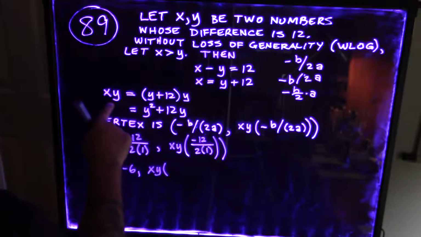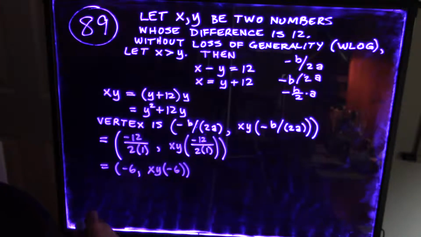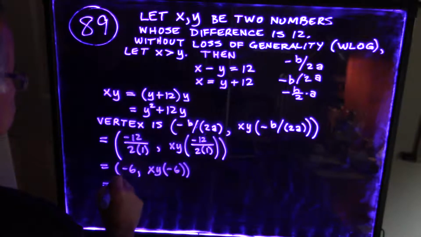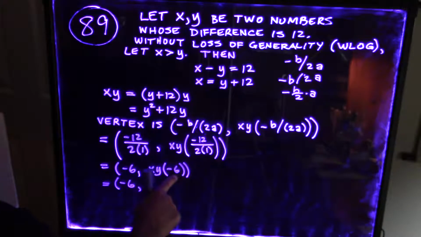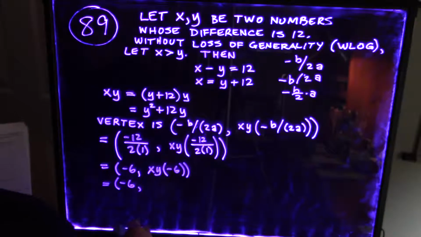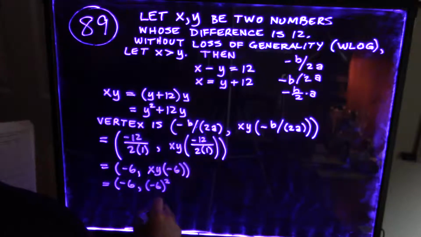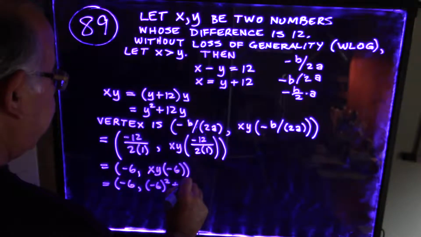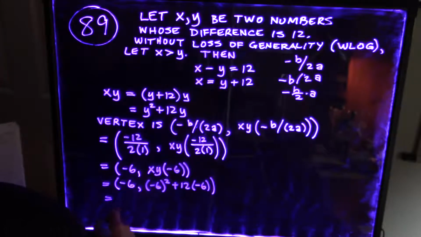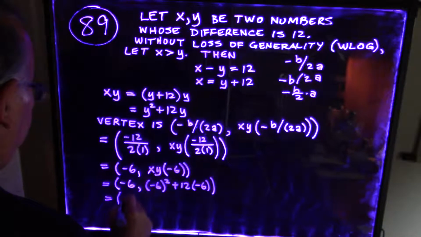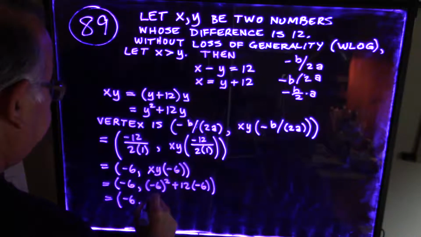Thinking of, again, xy as this function. What's xy of negative 6? Just plug in y equals negative 6 here and here. So that's negative 6 squared plus 12 times negative 6. So that's negative 6 and negative 36.